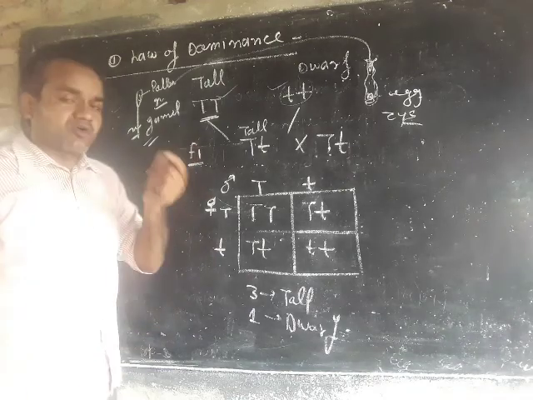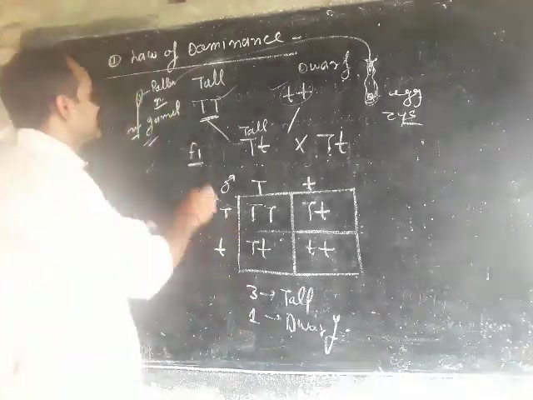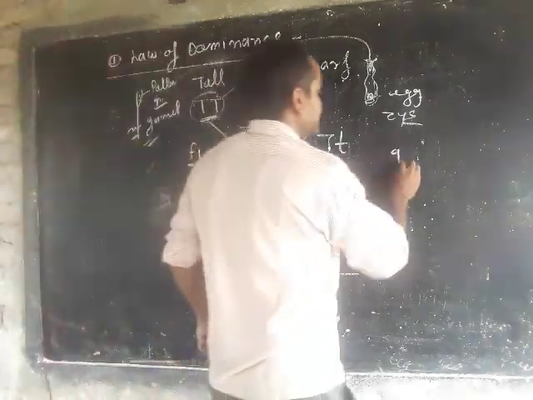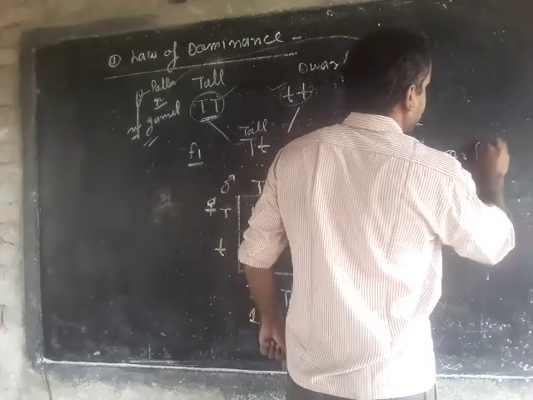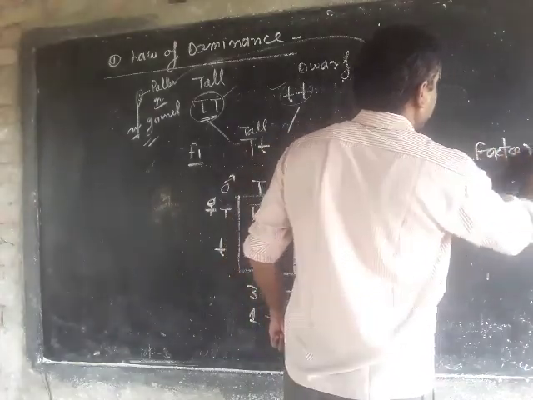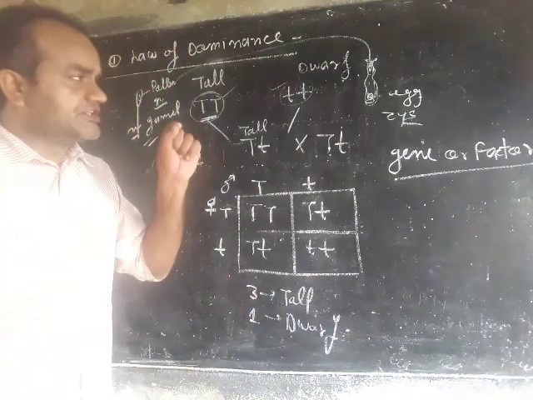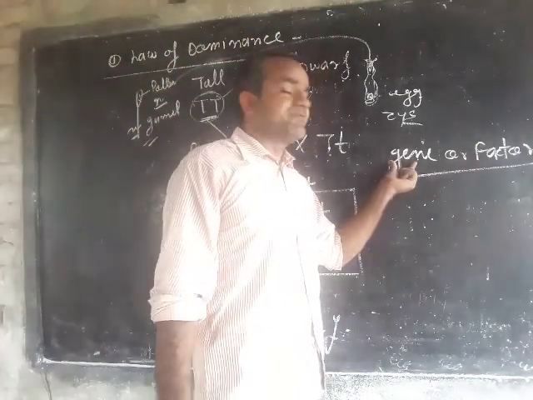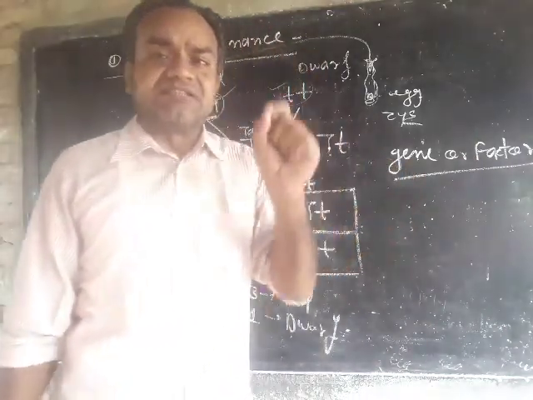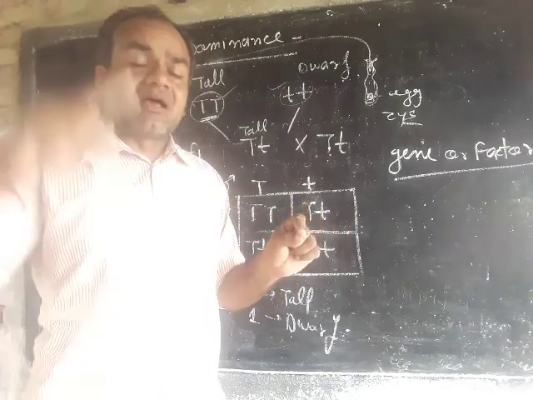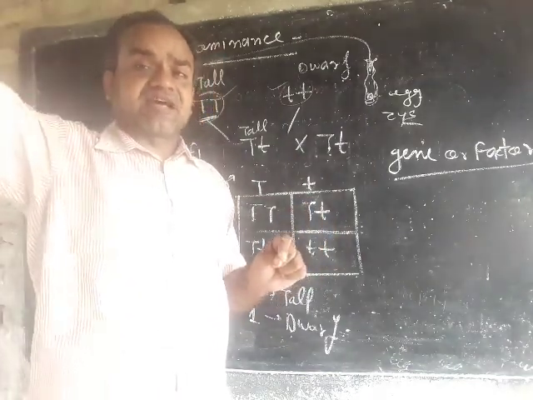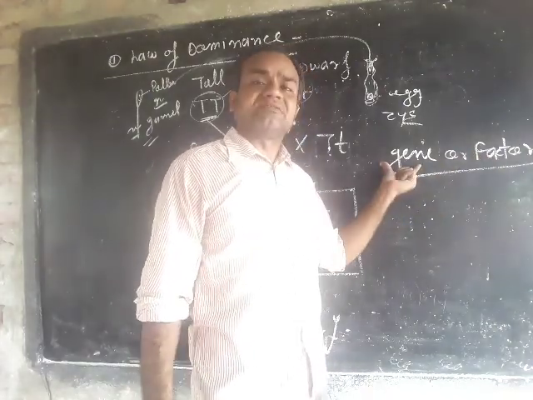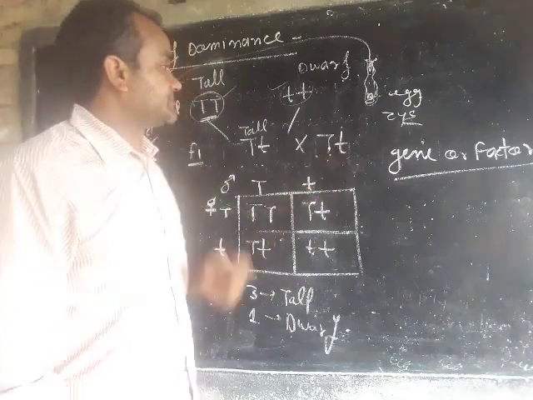You know that chromosomes occur in pairs, and chromosomes contain genes, or factors. Mendel used the word factor in place of gene because genes were not discovered at Mendel's time. So Mendel used the word factor in place of gene, and both are the same.